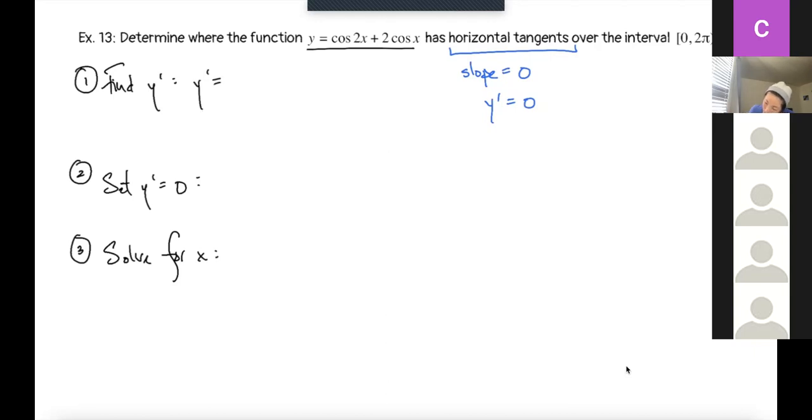Y prime equals, all right. What rule might I need for the cosine of 2x, to find that derivative of just cosine of 2x?